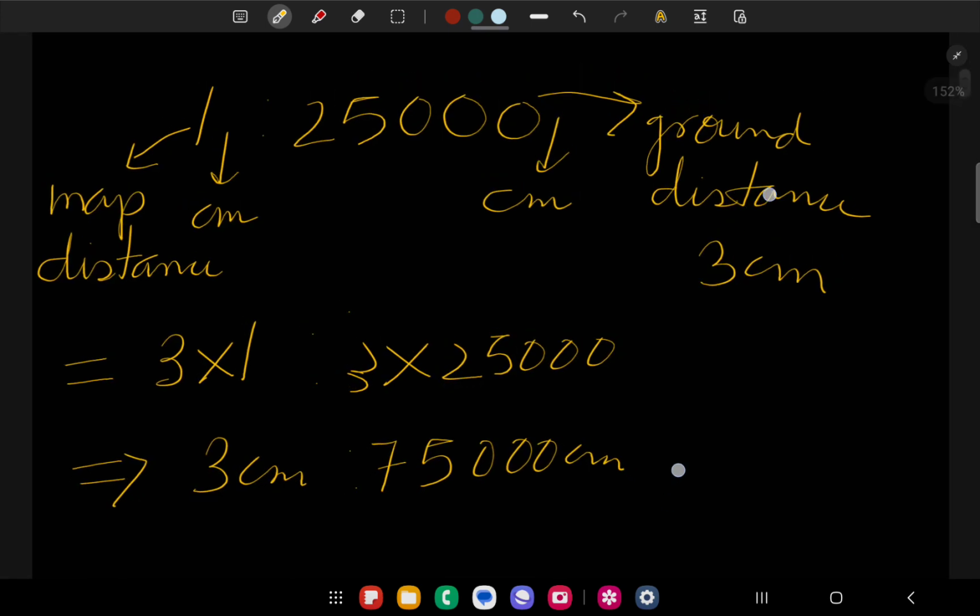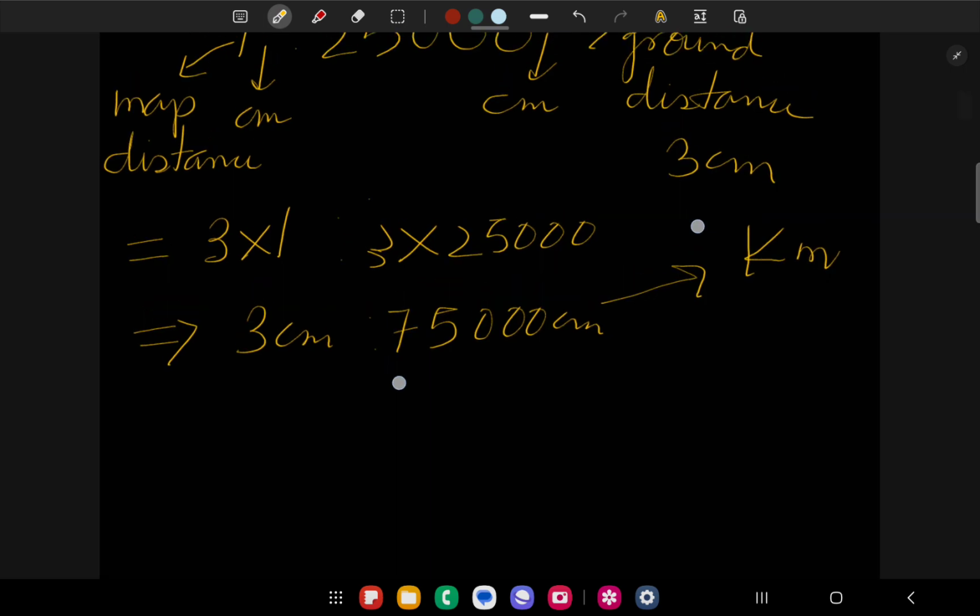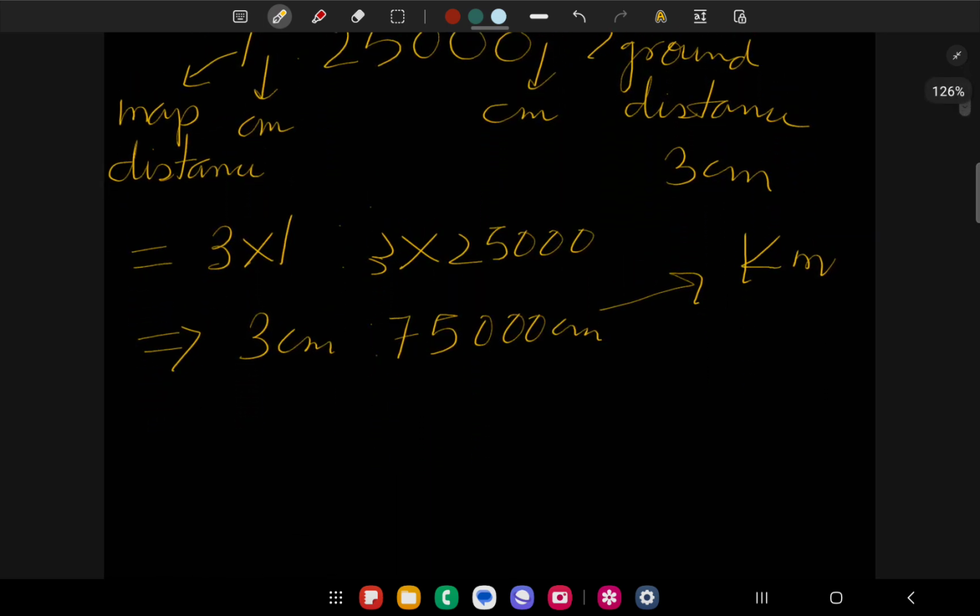So if they ask for the actual distance in kilometers, that is the ground distance, you just convert it.